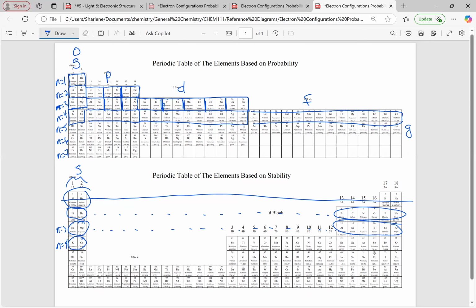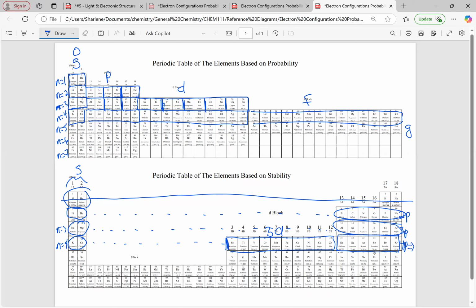It is telling me to fill the 4S's and then the 3D's, and then get back to 4P. Okay, that's 3P, 2P. Oh, okay. Trust the periodic table.